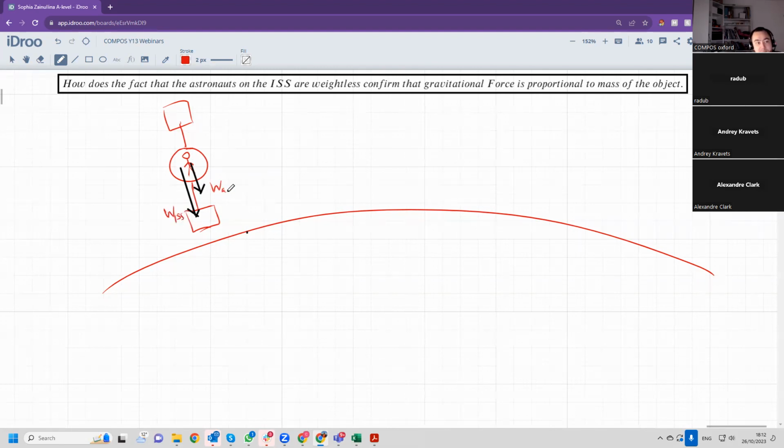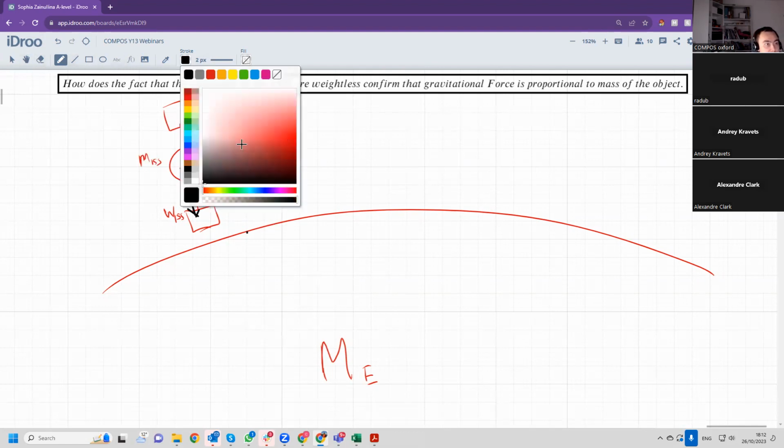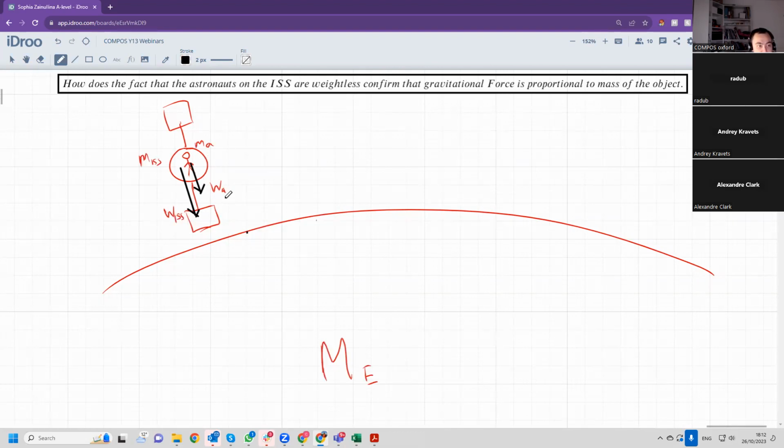Now, the Earth has mass me, the astronaut has mass ma, and the ISS has mass miss. The gravitational force causes acceleration, causes centripetal acceleration. The weight causes centripetal acceleration.